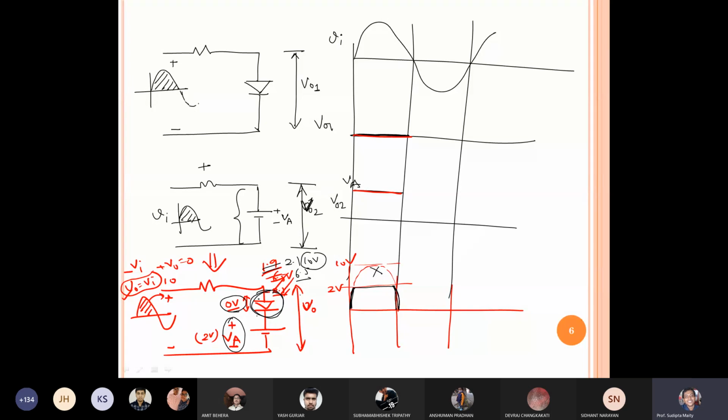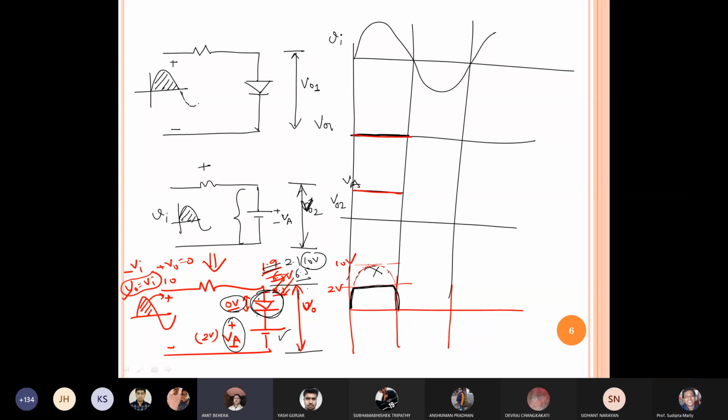Where am I taking the output voltage? Across the diode plus across the voltage source. So in this terminal, what is the output? Only this VA voltage, which is assumed to be 2 volt. That's why, although the input is greater than 2 volt, I will get a constant 2 volt. Now is it clear?